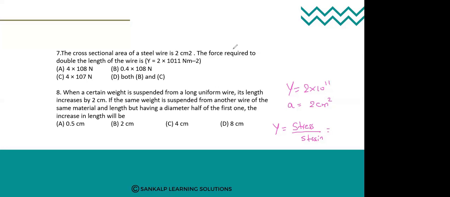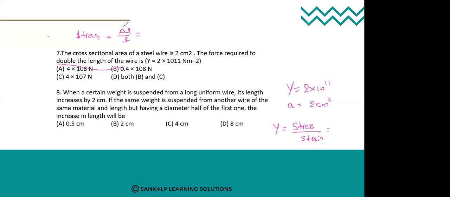So see here, students. For example, if the initial length is 1, then the change in the length, as we know strain is the ratio of change in length upon original length. In the question, they are saying you are doubling the length of the wire.